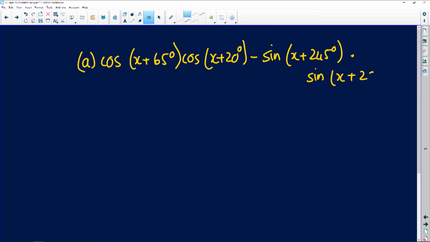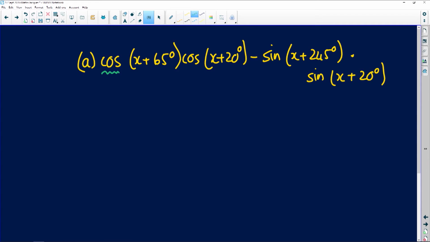Now, folks, remember you have your compound angle formulas, but what should tell you that you're not going to expand this is the fact that you've got cos, cos, sine, sine.